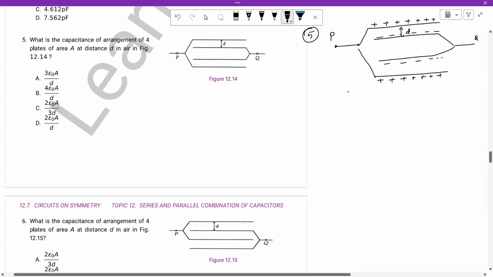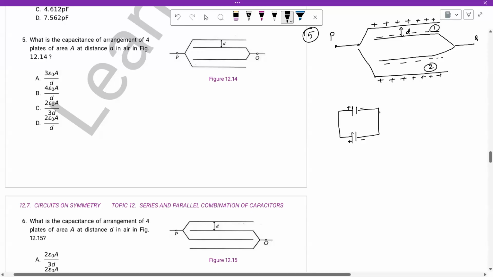So how many capacitors do we have? Two, right? So this one and this one. And you see that positive ones are connected together and negative ones are connected together.